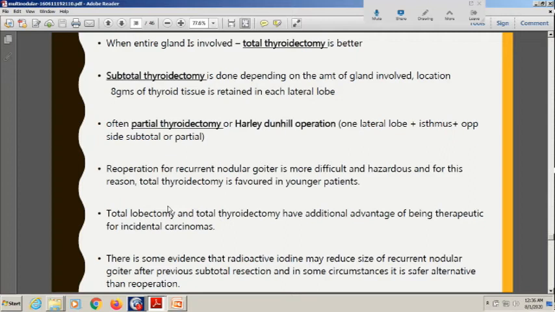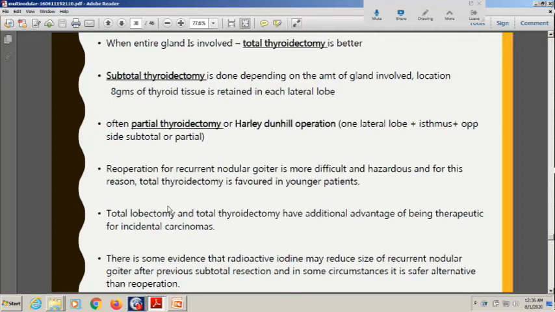Second thing, there are names of the operations: total, subtotal, and partial, and partial is also known as Hartley-Dunhill's operation. These operations depend upon the amount of gland involved or the location of the gland involved.